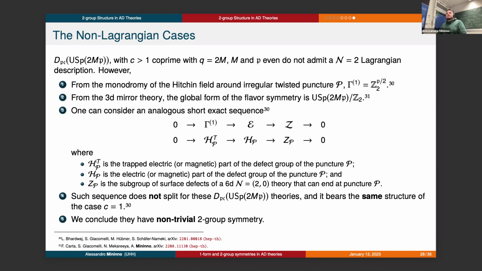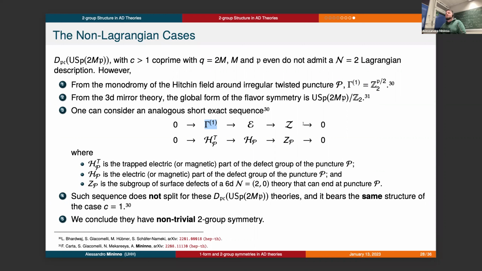And this object here has the same value that it would have if you reinterpret this trapped electric part as the one-form symmetry. This is the most obvious one, no? Because as I said, the class S interpretation of the one-form symmetry is exactly the trapped defect group in the irregular puncture.